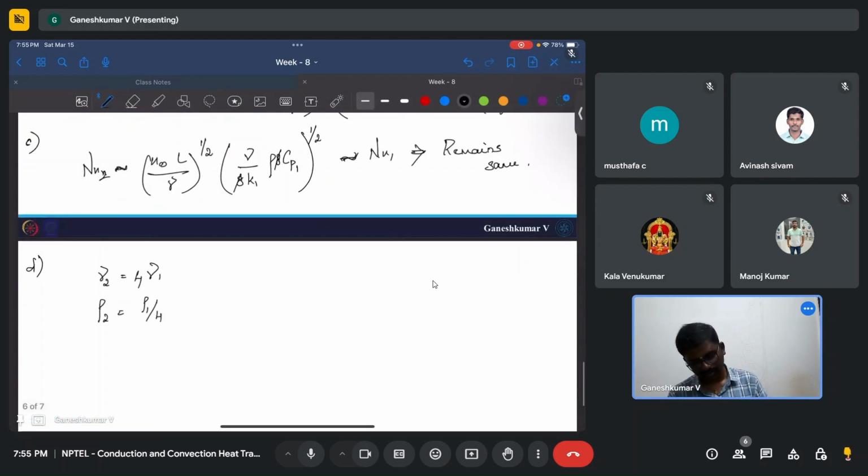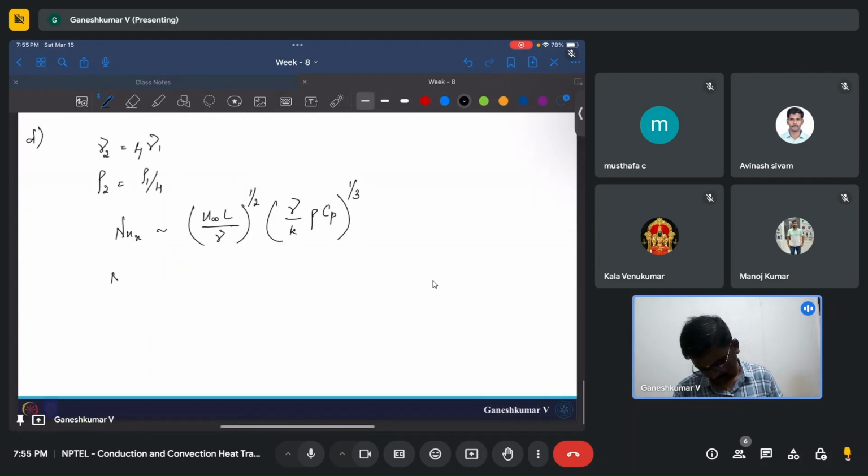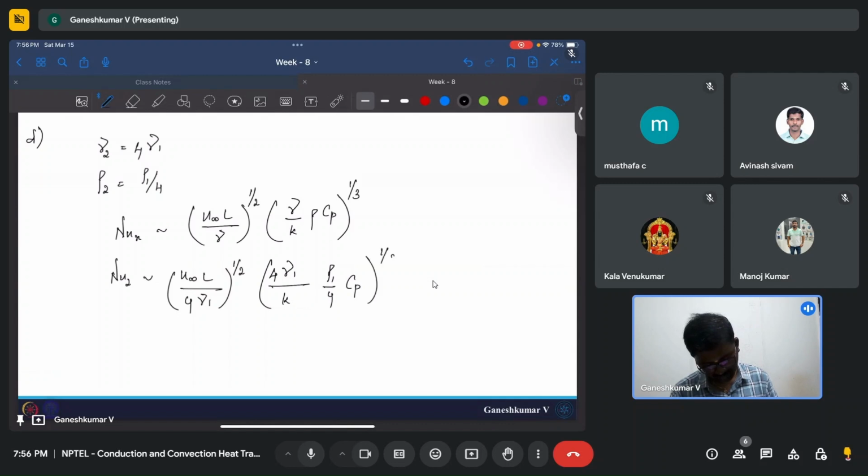Okay, let's substitute in the relation. Nux is U infinity L by nu, to the power half, times nu by K rho Cp, to the power 1 by 3. Now Nu2 is, how would you write, U infinity L divided by 4 times nu1 to the power half, times 4 times nu1 divided by K, rho 1 by 4, Cp, to the power 1 by 3.